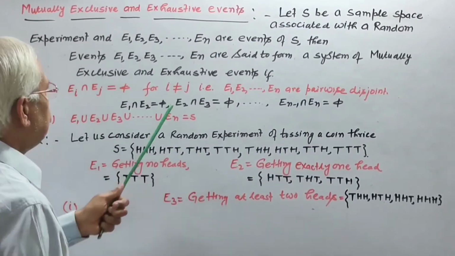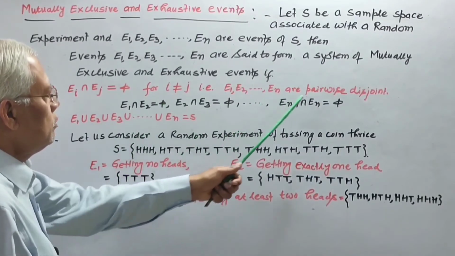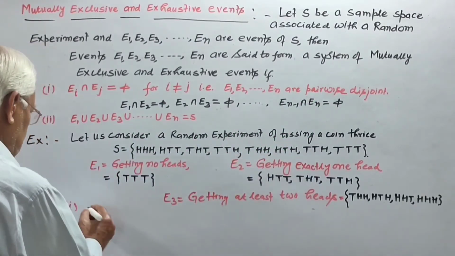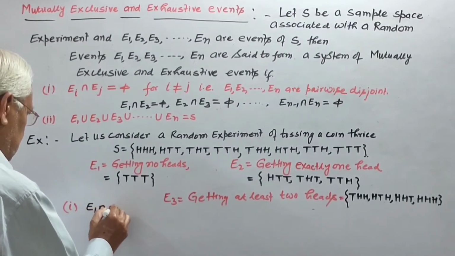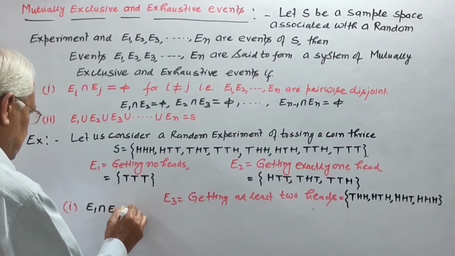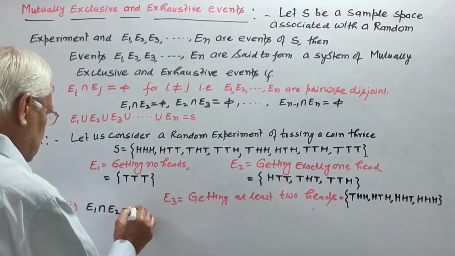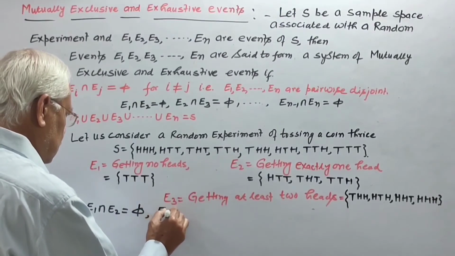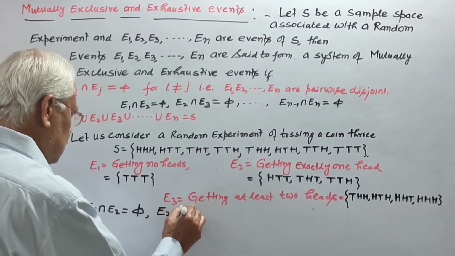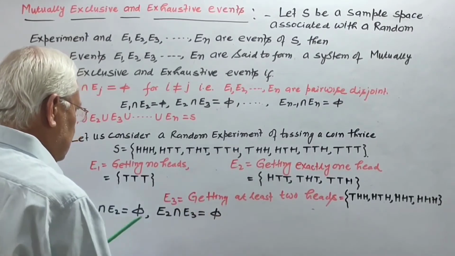So first, E1, E2, E3 must be pairwise disjoint. So let us find E1 intersection E2. E1 intersection E2, this is phi, nothing is common. Now, what is E2 intersection E3? This is also equal to phi.